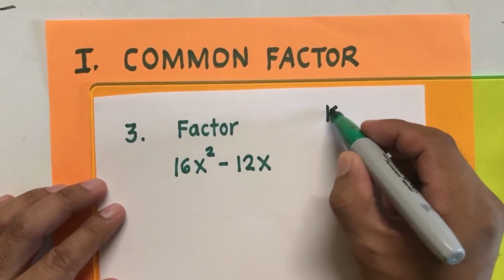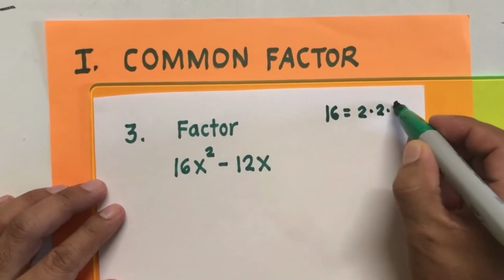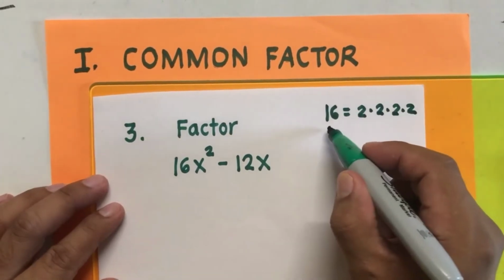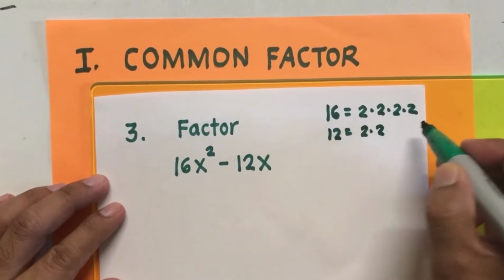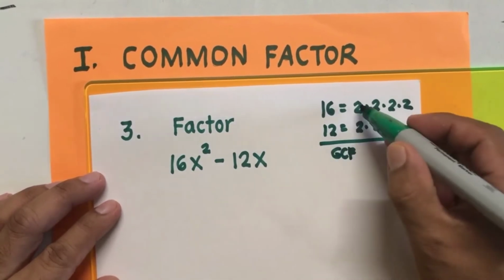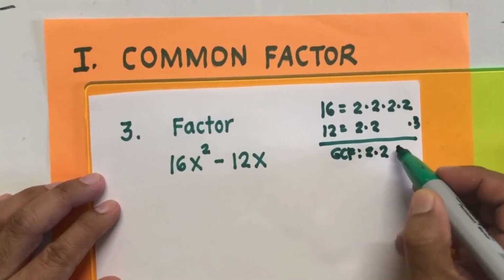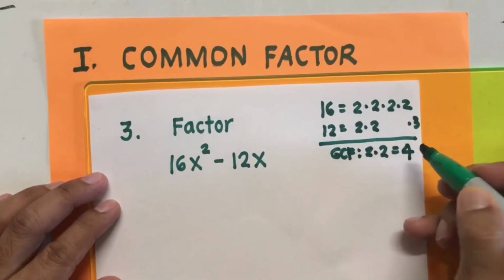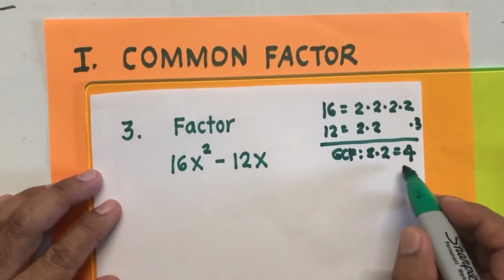So 16 is equal to 2 times 2 times 2 times 2, whereas 12 is equal to 2 times 2 times 3. Now get the GCF. The greatest common factors are 2 and 2, which is equal to 4. So therefore, we now say that the GCF of 16 and 12 is 4.